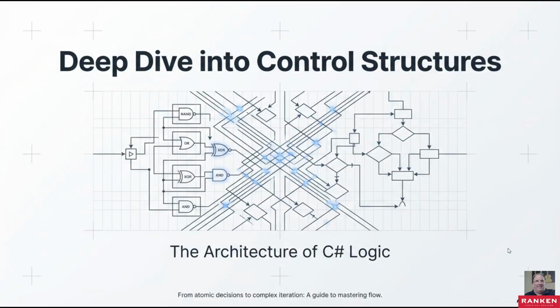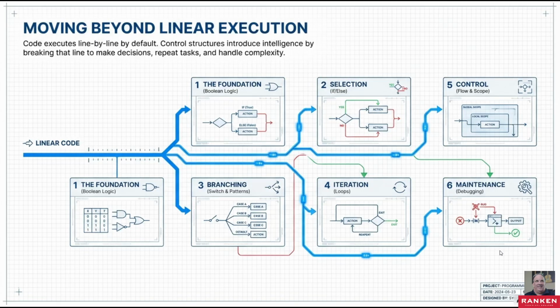This is just a lecture to go into the control structures. We'll go through this presentation here on control structures. Don't worry if some of this is a little confusing.